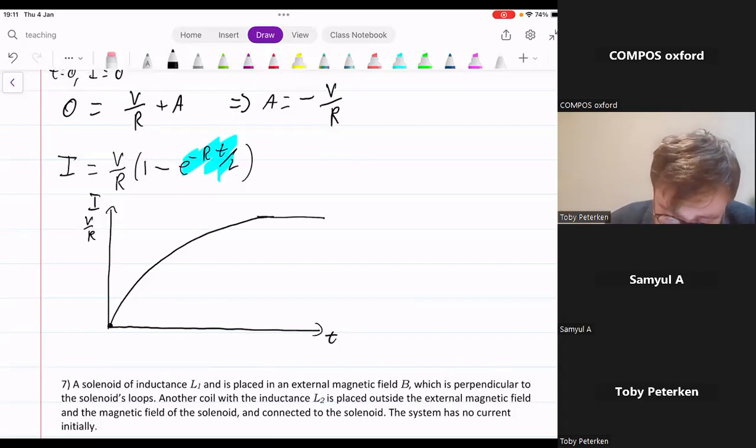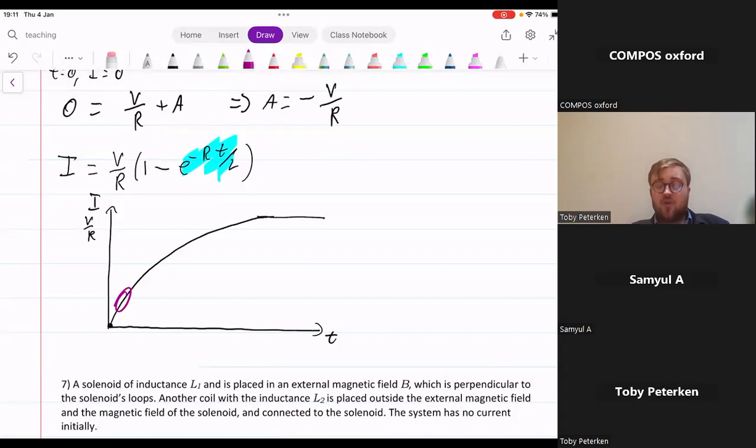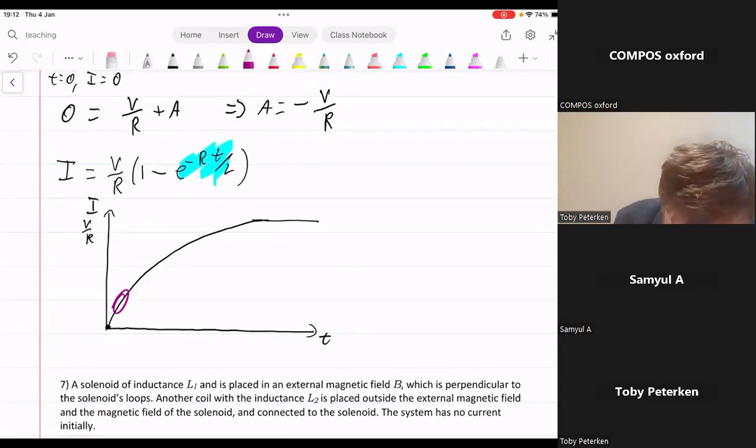And we see that, say, here, the current is increasing quite quickly at the early times. And so the voltage created by the inductor is quite high, which means it nearly completely cancels with the voltage from the battery. And so the current overall is quite low. Over time, the current becomes steadier. So as we see here, the current isn't changing very much.